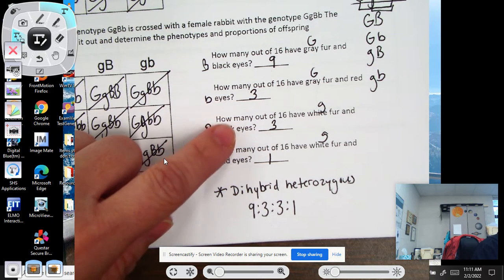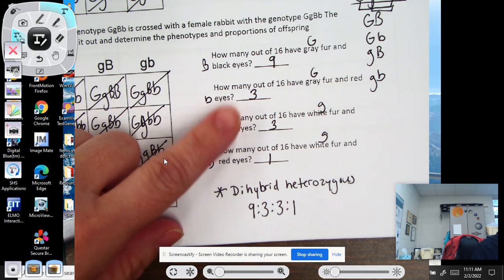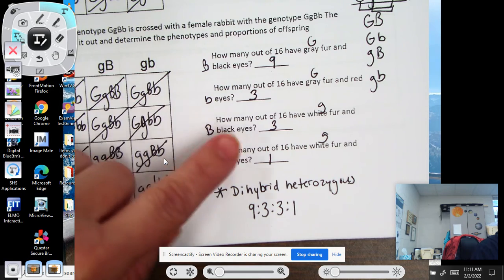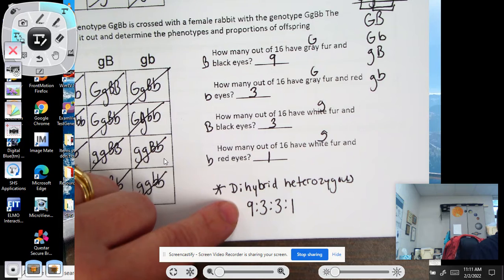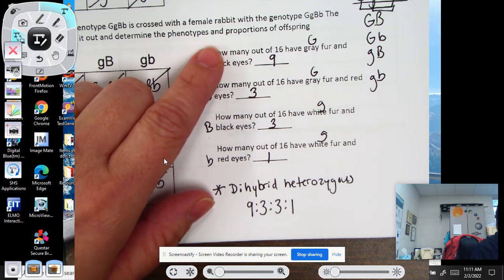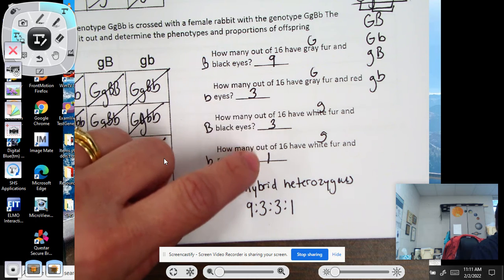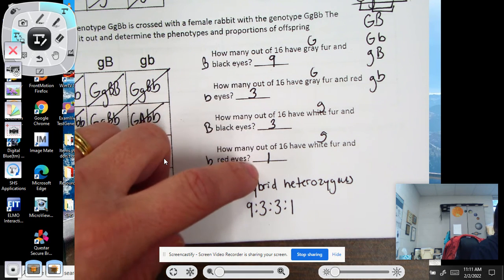Most of the time, they're going to have you do a heterozygous cross. They always want to know phenotype. They rarely are going to ask genotype. If you can memorize the 9 to 3 to 3 to 1, 9 dominant dominant, 3 dominant recessive, 3 recessive dominant, 1 recessive recessive, it'll always be 9 to 3 to 3 to 1.